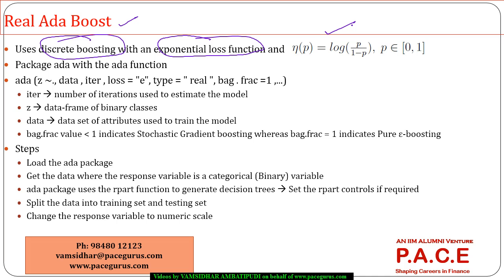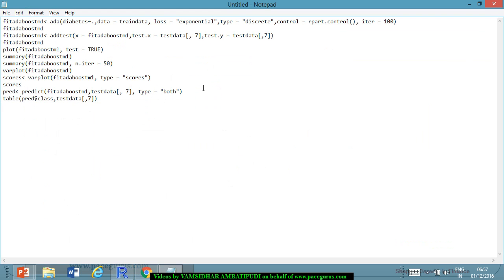Now, if you look at the differences that you are bringing in, everything remains the same. The loss is still exponential. The type is, instead of discrete, we are looking at real. That's the only difference here. Instead of discrete, we will make it real. So in the code, the difference I make is I'll change this to real.